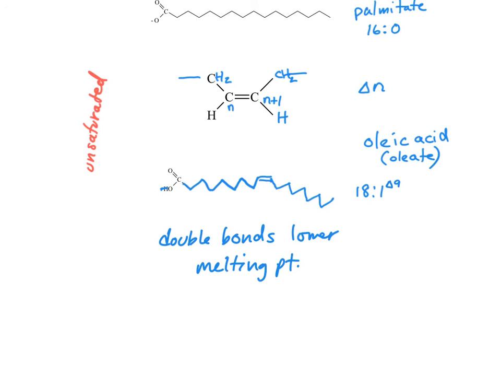It's simply this: when double bonds are introduced, the double bond causes a kink in the fatty acid. That causes the fatty acids to not be able to pack together as well. And if they can't pack together, they're going to be much easier to loosen up from solid to liquid when we raise the heat. So double bonds lower the melting temperature and tend to make them more liquid.